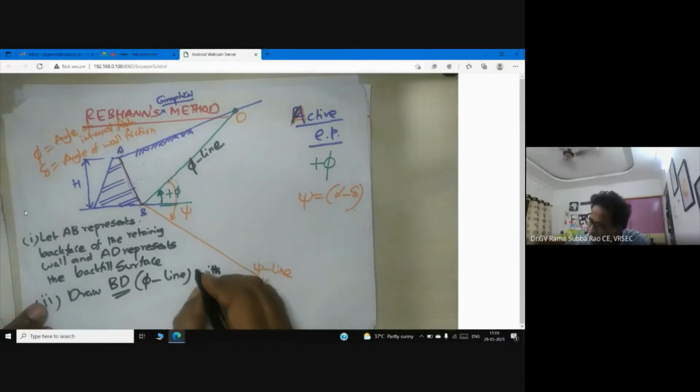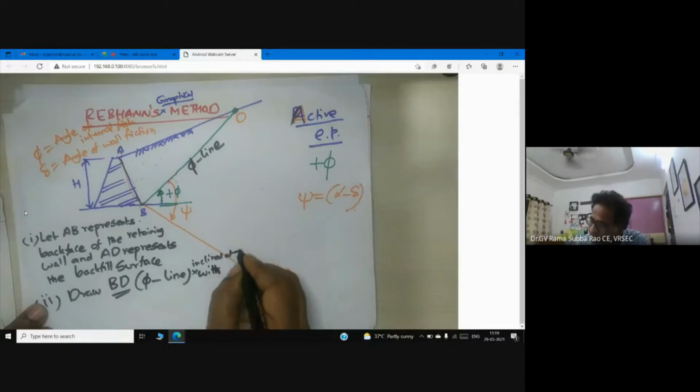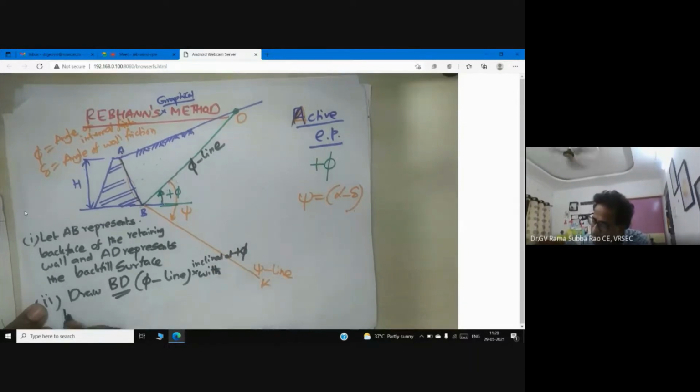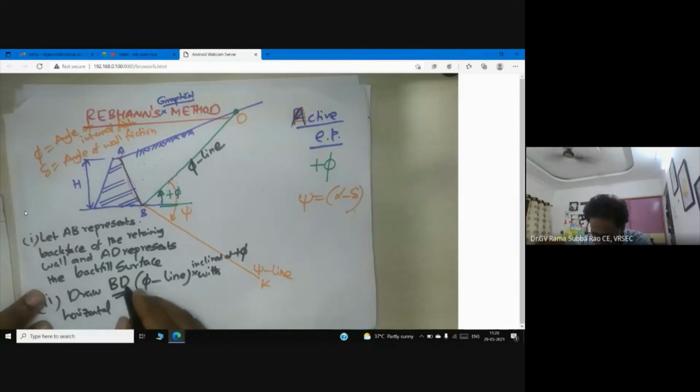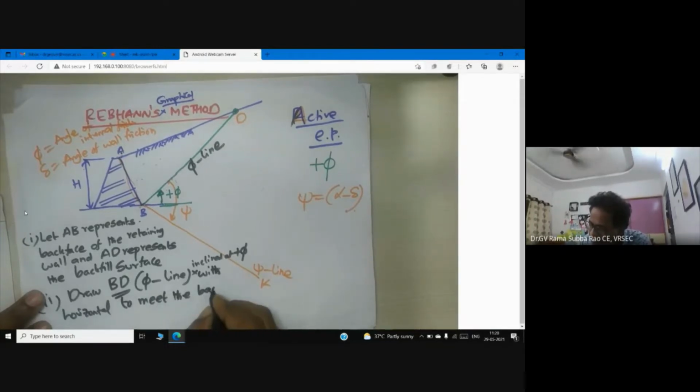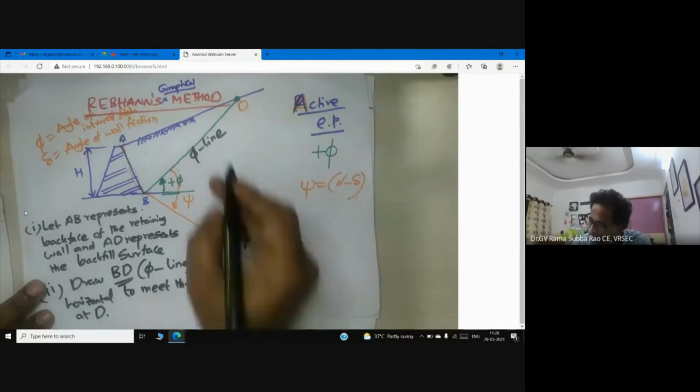BD is inclined at +φ with the horizontal, to meet the backfill at D. I got point D now. So this is my second point.